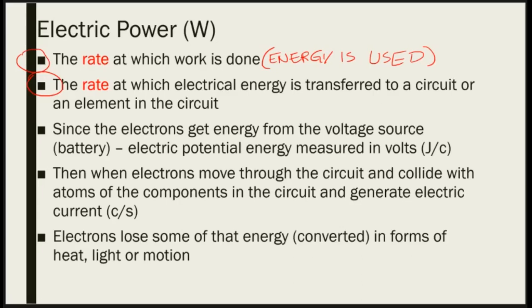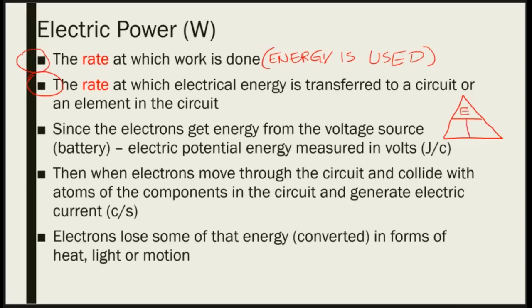Since the electrons get energy from the voltage source, the battery, electric potential energy is measured in volts or joules per coulomb. Okay, joules per coulomb. Did we do this equation before? Yes, we did. This is this triangle. What do you measure using joules? Energy. So energy is here.